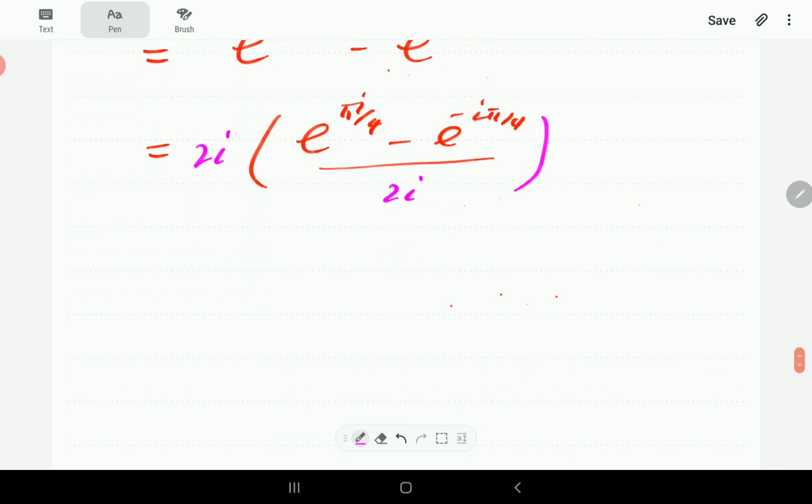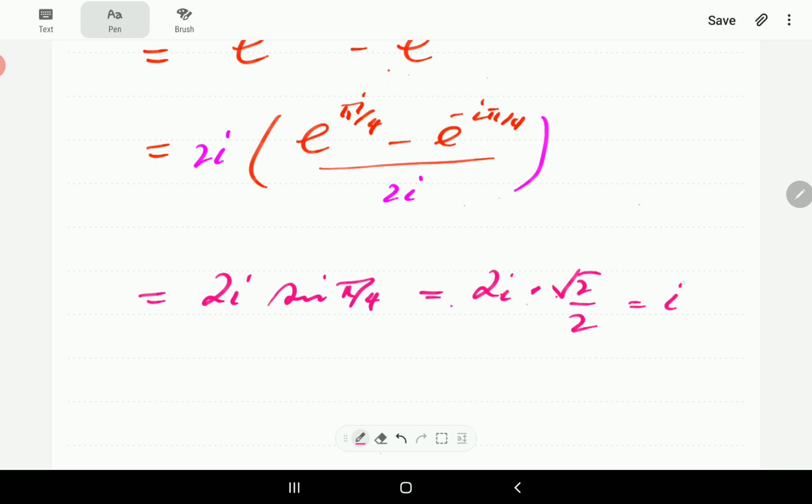So this is going to be equal to 2i sine pi over 4. Well, sine pi over 4 is root 2 over 2. So this is going to be i root 2, which is the value of that integral there.